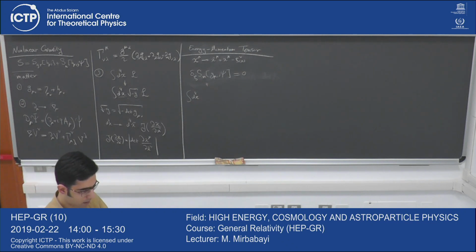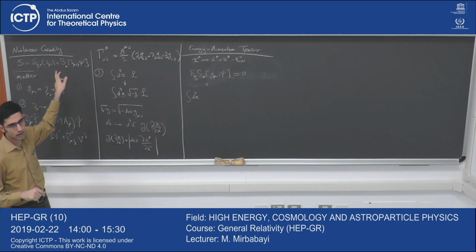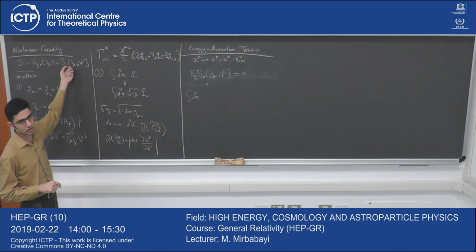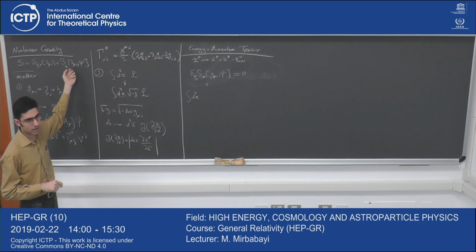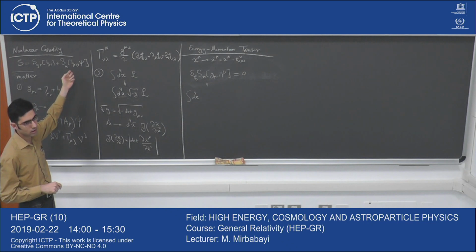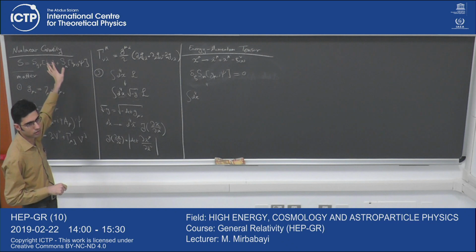You're absolutely right that if I have an action which is made of two parts and some fields appear in both parts, like here there is h mu nu and there is h mu nu there, I cannot apply the Noether theorem just to this part to derive a conserved energy momentum tensor. Neither can I apply it to that part; I can only apply it to the whole thing.